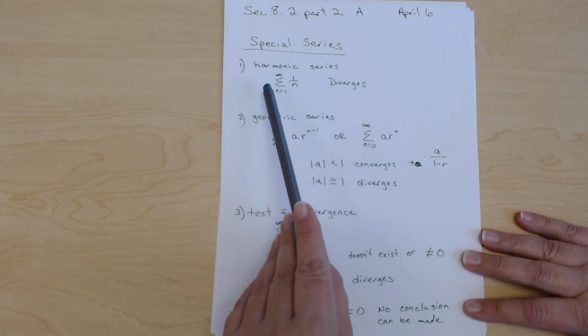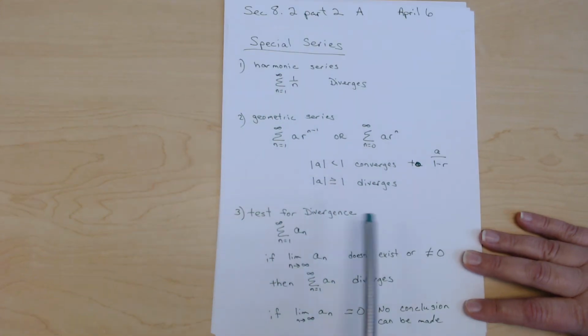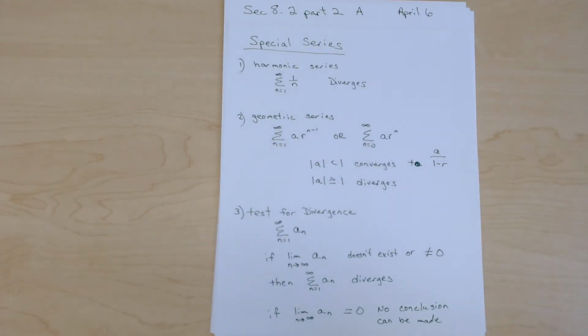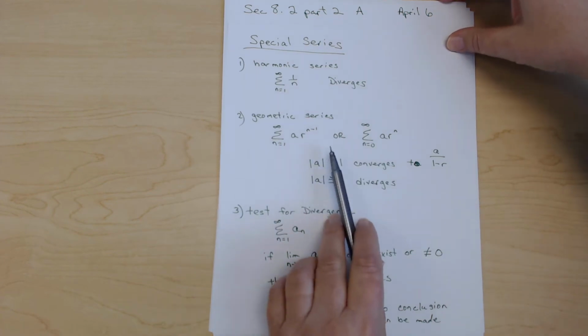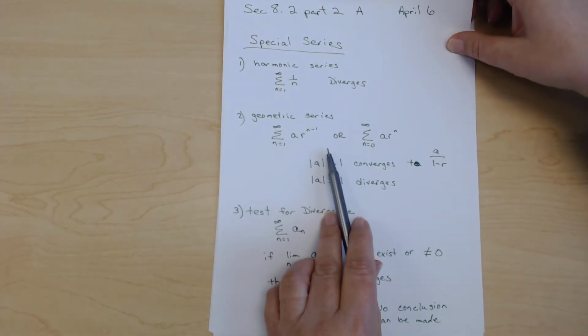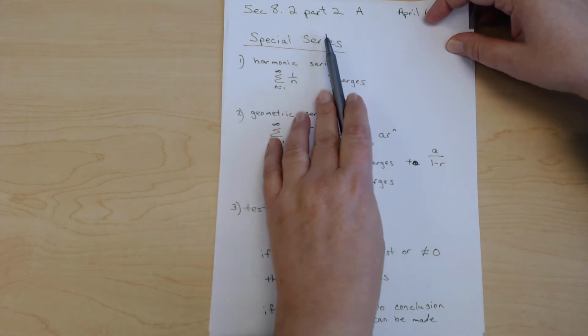So these are the first three kind of tests that we have for series, okay? All right, so before we get to our fourth one, we're only going to do one today, and then we're going to do something else. We're actually going to come back to geometric at the end of this 8.2 part 2.